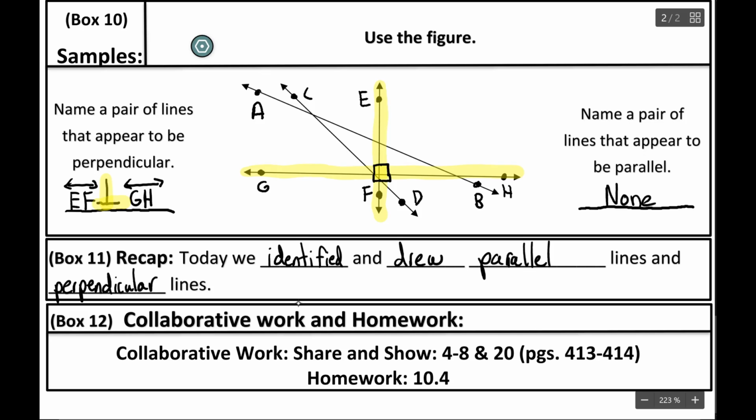Give you some time to write that down. Alrighty, and for today's homework, you're going to focus on the share and show problems 4 through 8 and number 20 on pages 413 through 414. Your homework, please do 10.4 front and back. So again, please make sure that you refer to those vocab terms, okay? That's going to be the part that you guys kind of make the mistakes in. So I want to make sure that you are attending to precision.